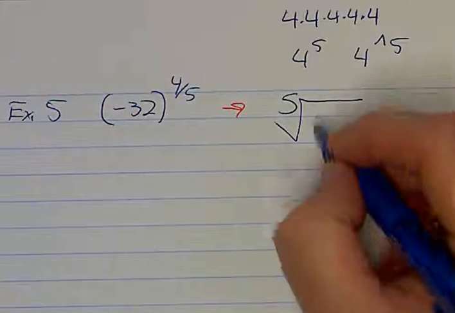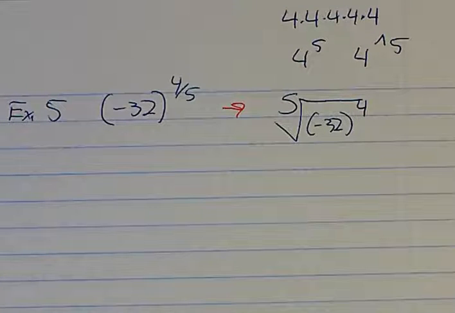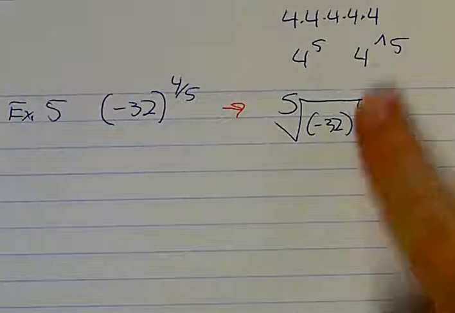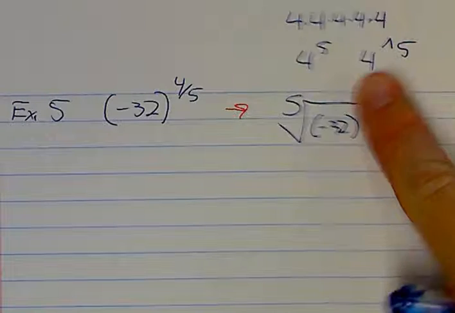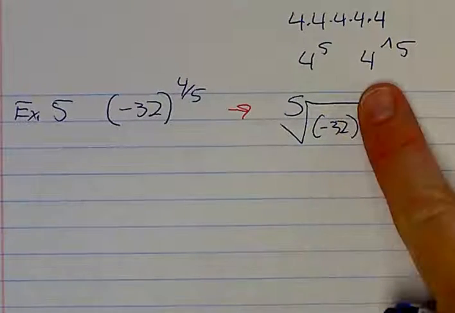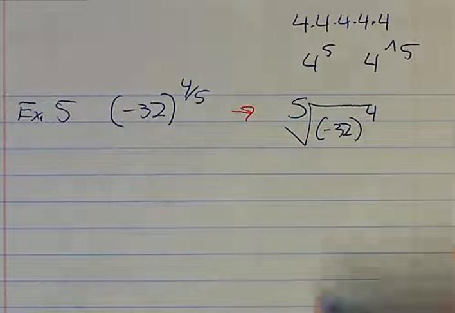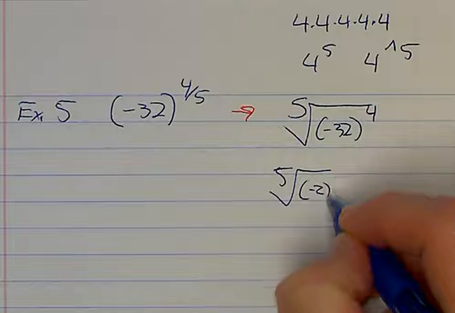So that's the 5th root of negative 32 to the 4th power. And again, you've got two options on this one. You can do negative 32 to the 4th power, or you can do the 5th root of negative 32. And for me, I would rather do the 5th root of negative 32, because if you check that one real quick, negative 32 is negative 2 to the 5th power.